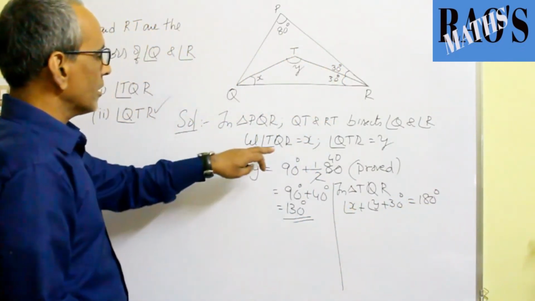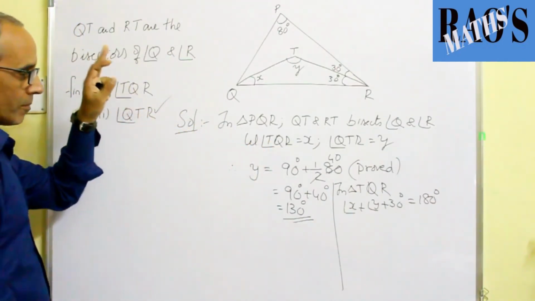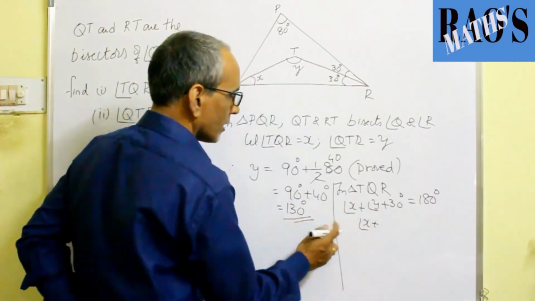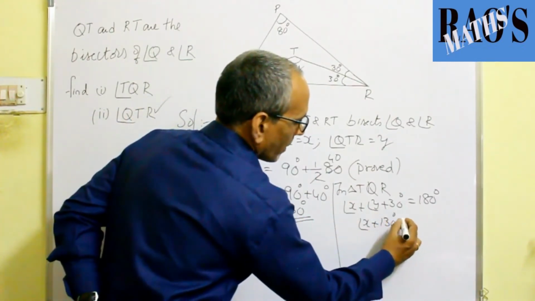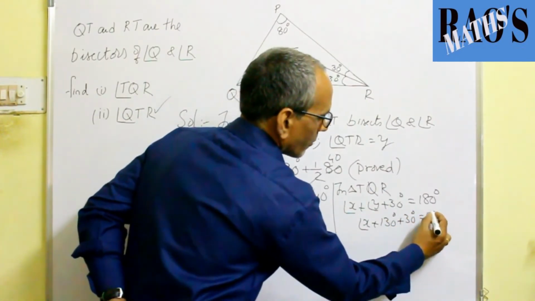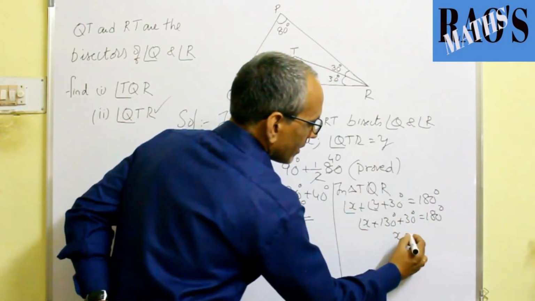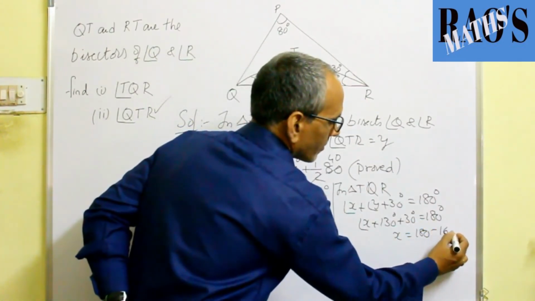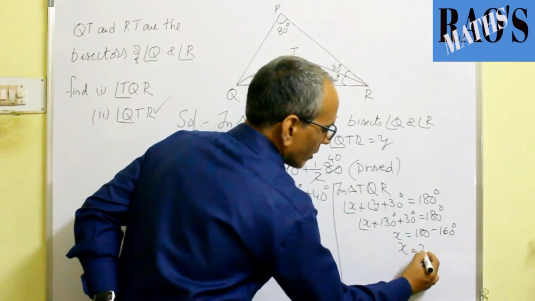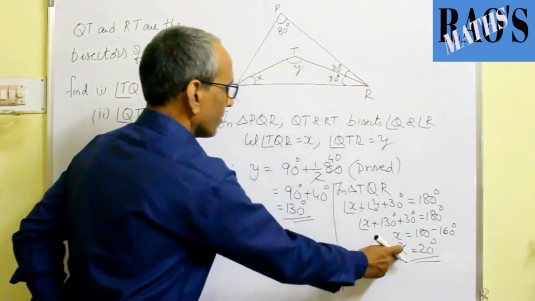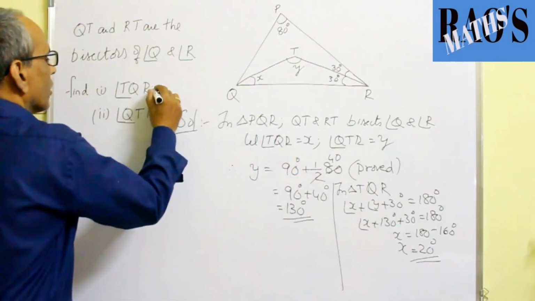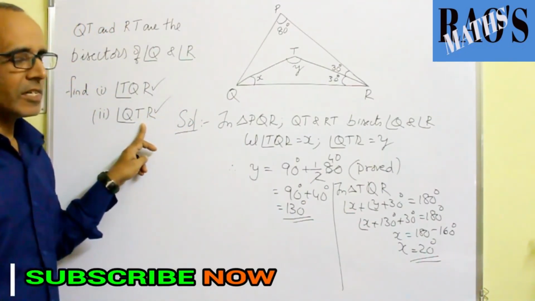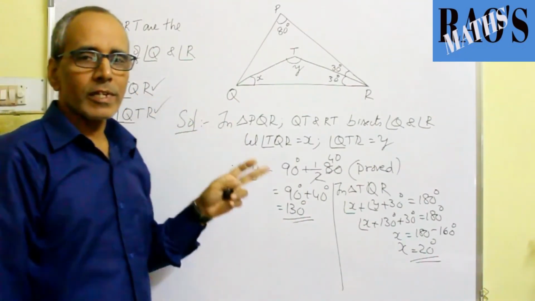Angle X, TQR, is to be solved. So X plus Y, which we solved just now as 130, plus 30 is equal to 180 degrees. So X is equal to 180 minus the sum of 130 plus 30, which is 160. So X is equal to 20 degrees. So angle QTR is 130 and angle TQR is equal to 20 degrees.